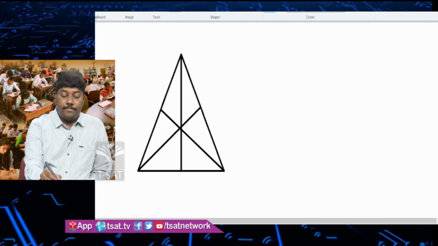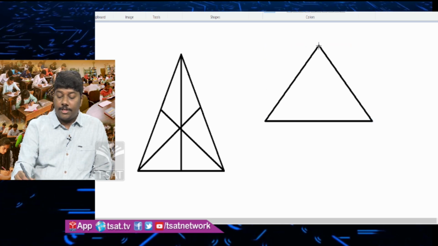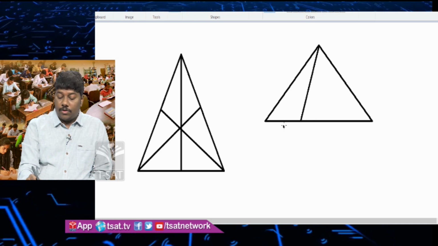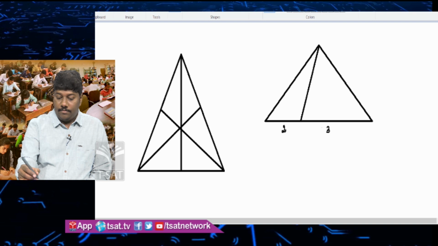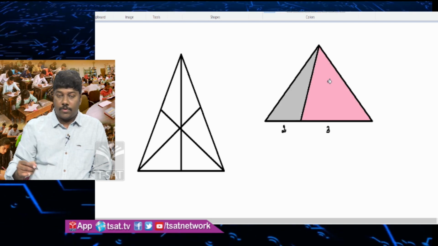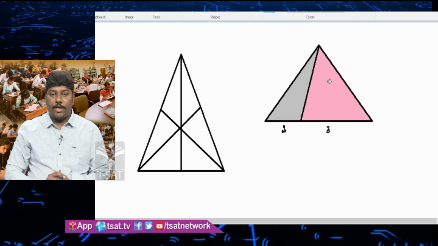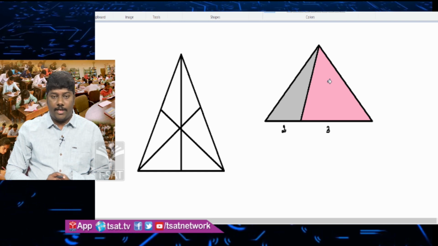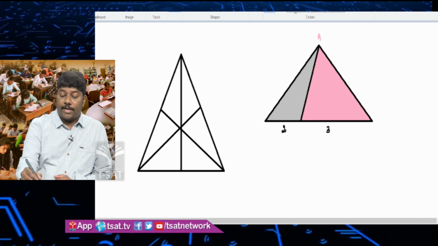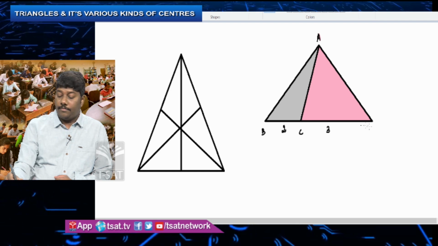Usually if you take a triangle, its bases are in the ratio 2 is to 3. You look at two shaded regions here, one is the ash color one and one is the pink color one. If I ask you the ratio of their areas for both the triangles, let me name it triangle ABCD.